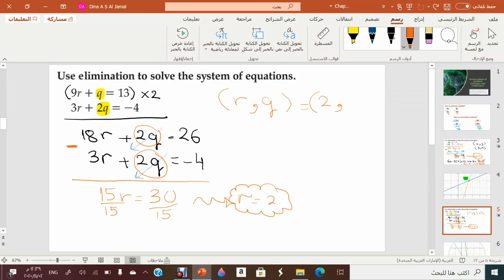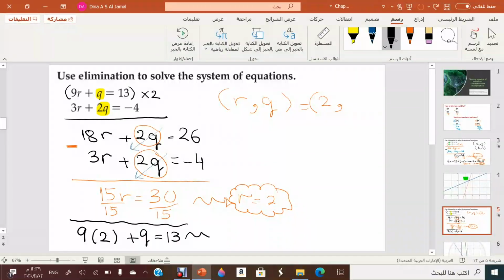Now what about the other variable? How can I get it? Excellent, by substitution. So I will be going to the second one. 9 multiplied by 2 plus q equal to 13. So 18 plus q equal 13.